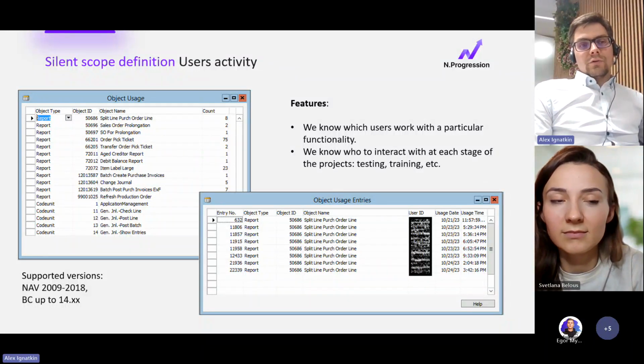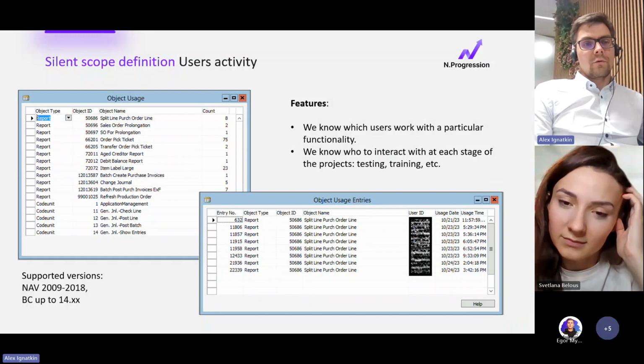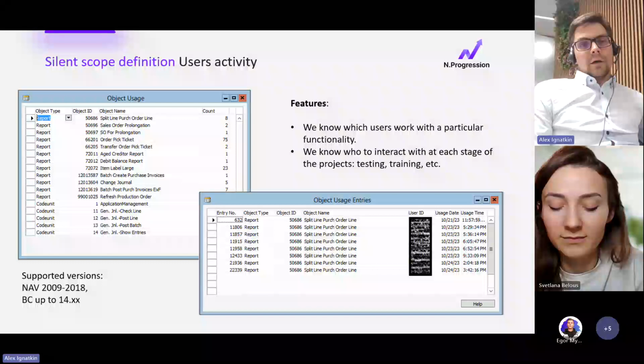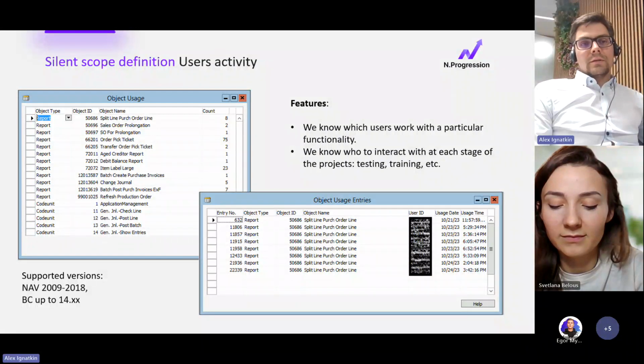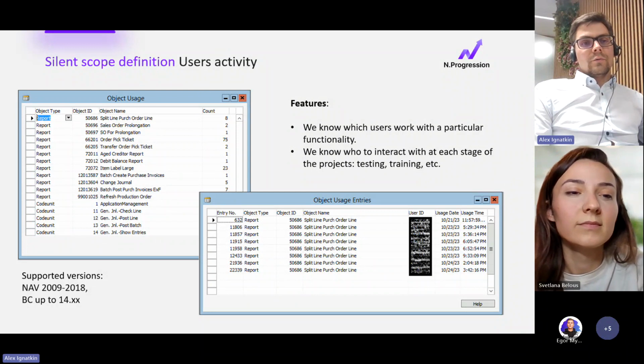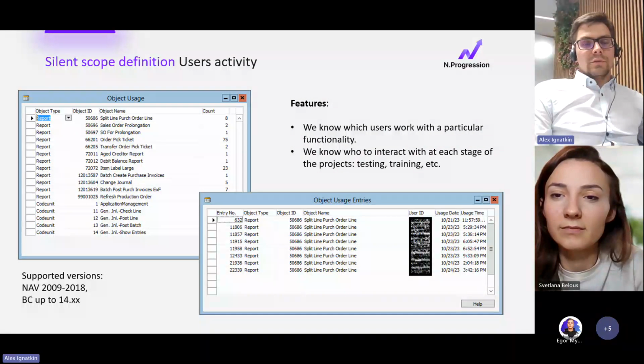Of course, the user needs to launch in parallel some periodic activities, such as stock revaluation, foreign currency revaluation, and so forth. But it's not very time consuming, and this is why we're saying that the actual workload on end users could be reduced by up to 80%.